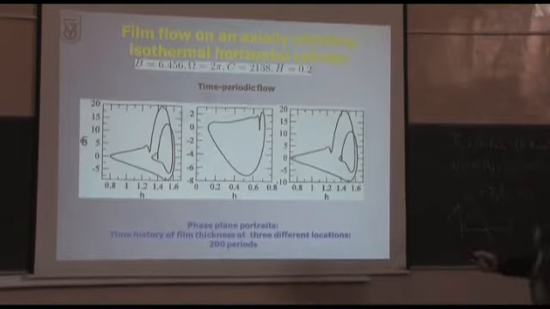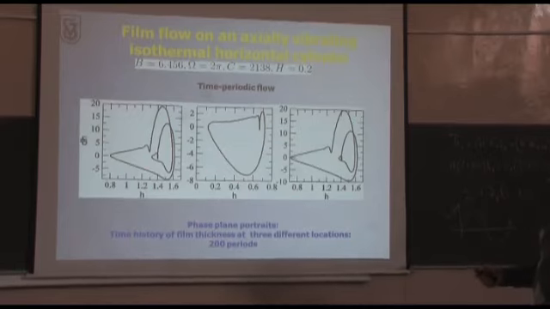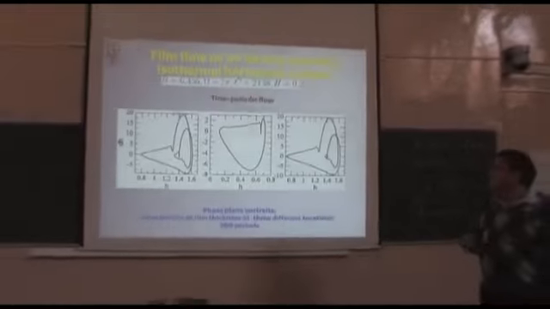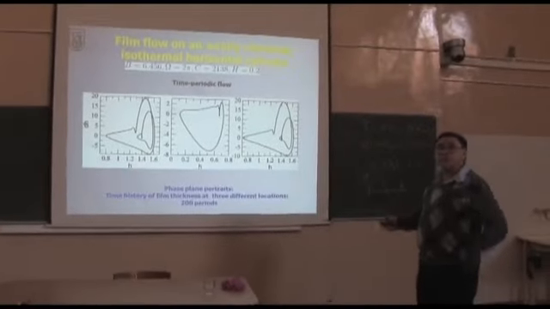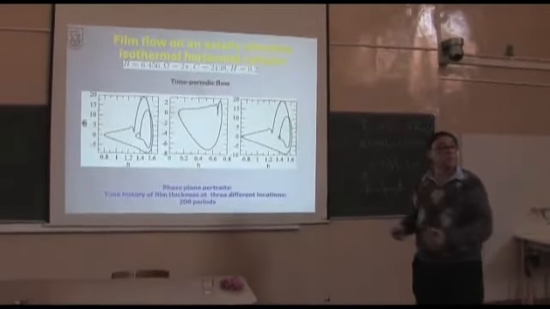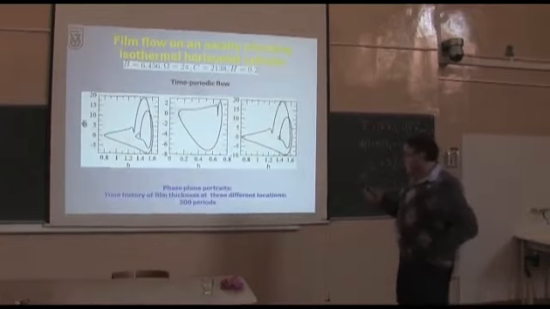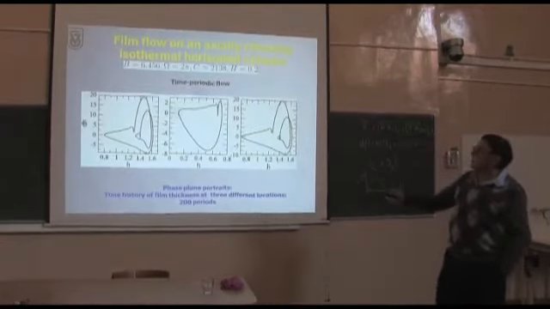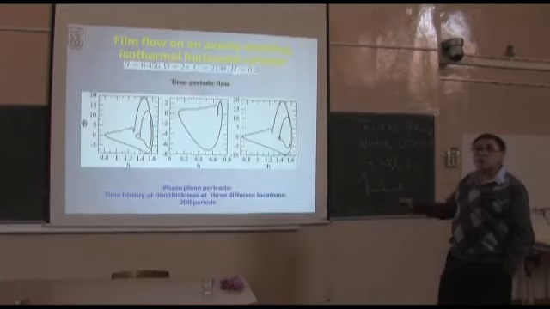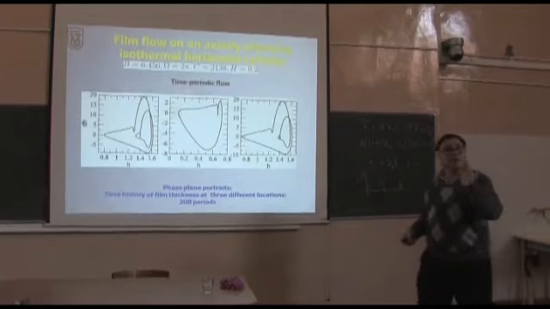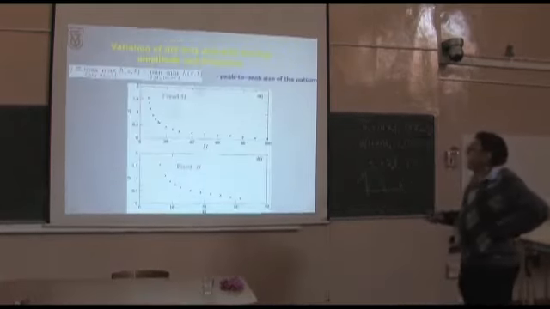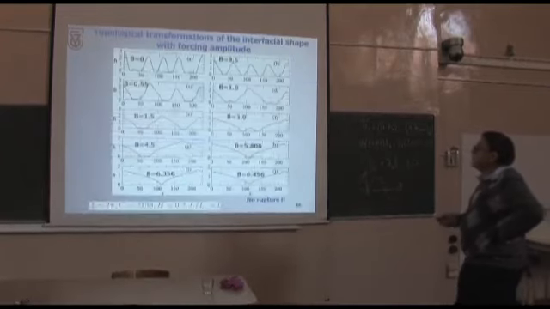So here we have 200 periods of forcing in these curves and in 3 different locations along the period. So clearly the shape is different, but it follows the same pattern at the same locations. So it's time periodic. Let me skip this.